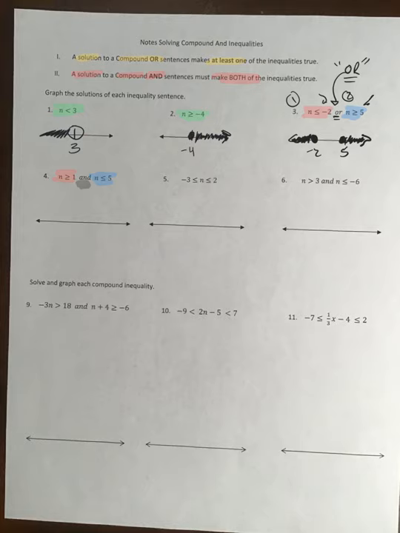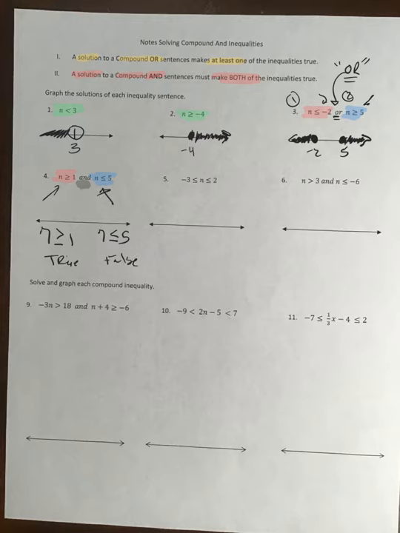Let's look at a number like 7, and plug it into the red equation. Is 7 greater than or equal to 1? Yes, that is true. Now let's plug 7 into the blue equation. Is 7 less than or equal to 5? That is false.